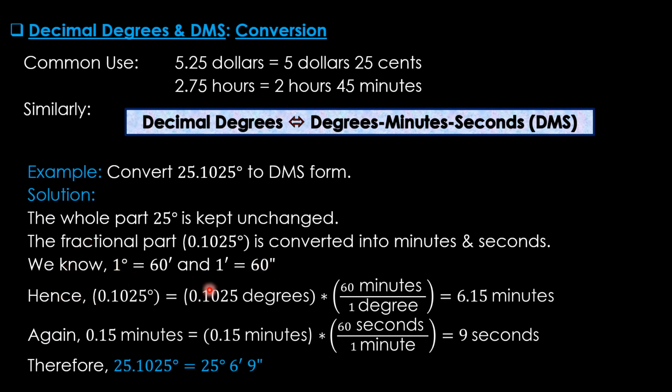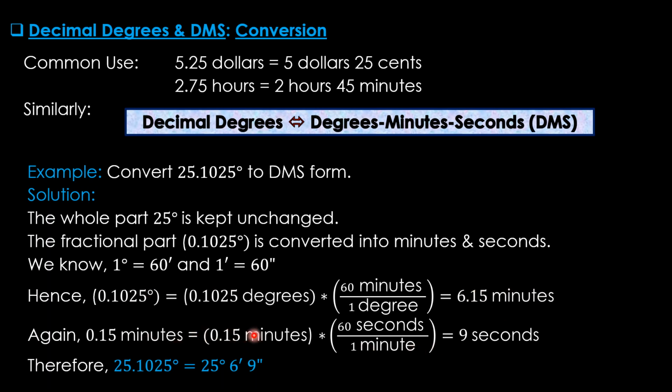So here 0.1025 degree equals, we are just changing the units here. We multiply this degree by 60 minutes per 1 degree. This is the conversion factor. So we get 6.15 minutes. So 0.1025 degree is equal to 6.15 minutes. Now this 0.15 minutes is again converted into seconds.